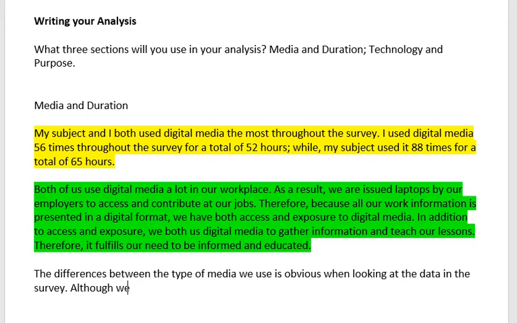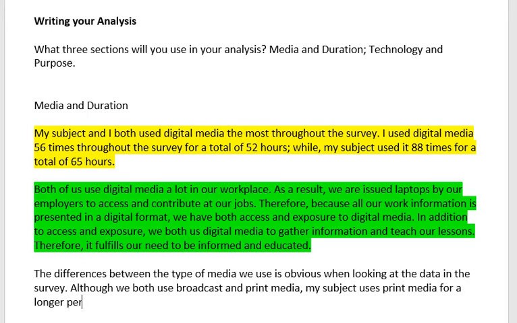Although we both use broadcast and print media, my subject uses print media for a longer period of time than I do.